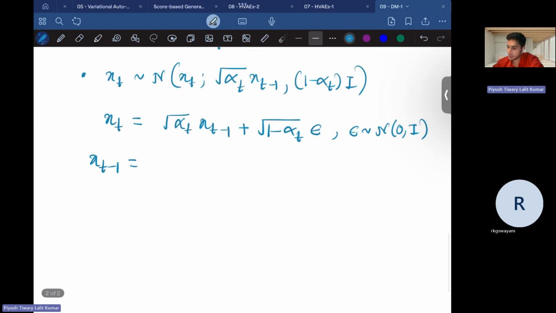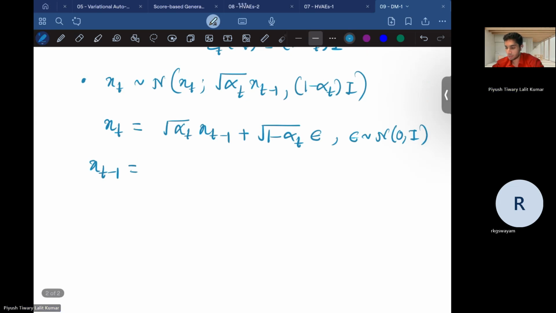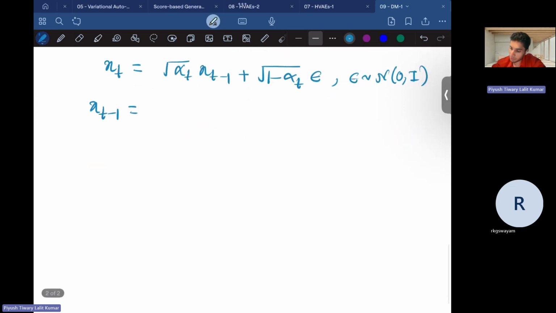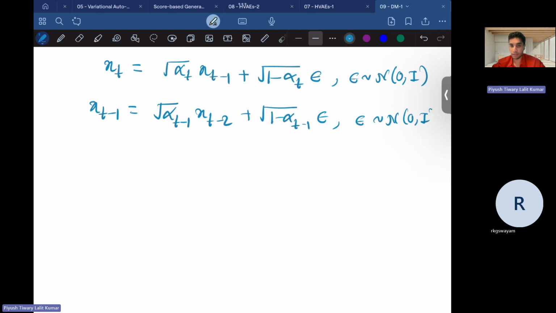If you change t to t minus 1, xt minus 1 would be root of alpha t minus 1 xt minus 2 plus square root of 1 minus alpha t minus 1 epsilon, where epsilon is again coming from Gaussian 0, I. Nothing fancy, I'm just writing down the equation.